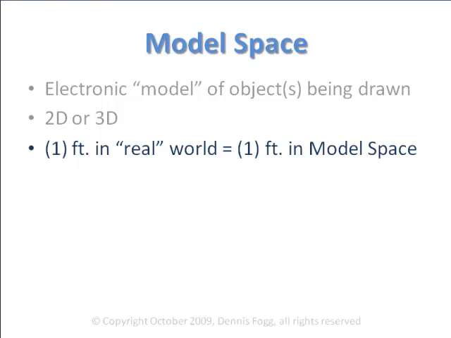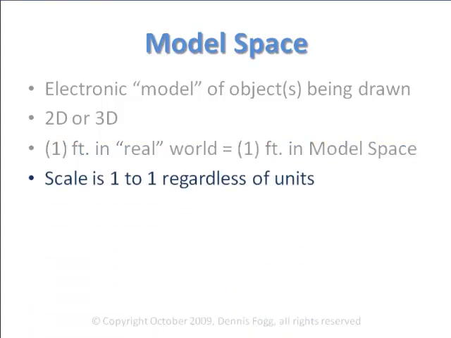So when drawing in model space, 1 unit of measure is 1 unit of measure in the real world. For example, 1 foot shown on the screen, even though we may be zoomed in or out, is 1 foot in our world too. It is not scaled down. We zoom our screen for viewing, but it is drawn to scale.